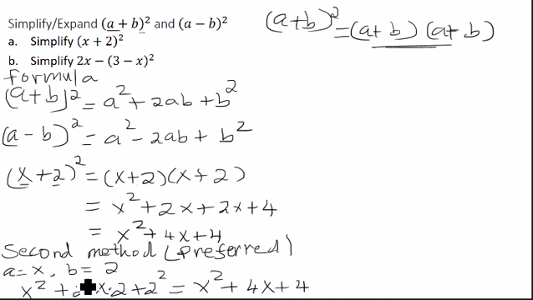Later on we can quickly write this as x squared plus 4x plus 4 by doing the calculation of the middle coefficient in our head, like 2 times 2 is 4. That should be pretty quick after you practice similar problems like this. Now pause this video and work on part B.